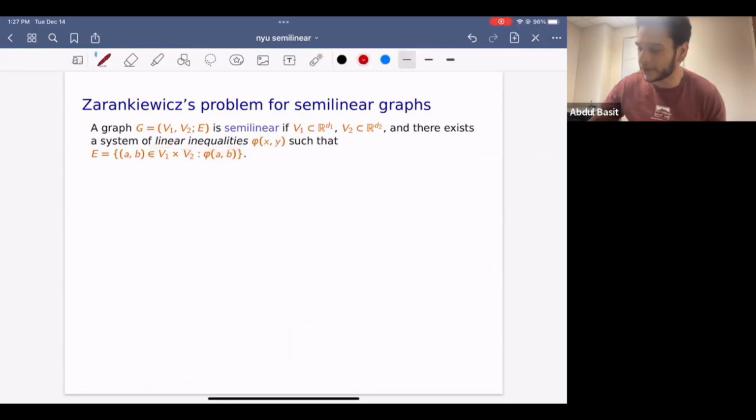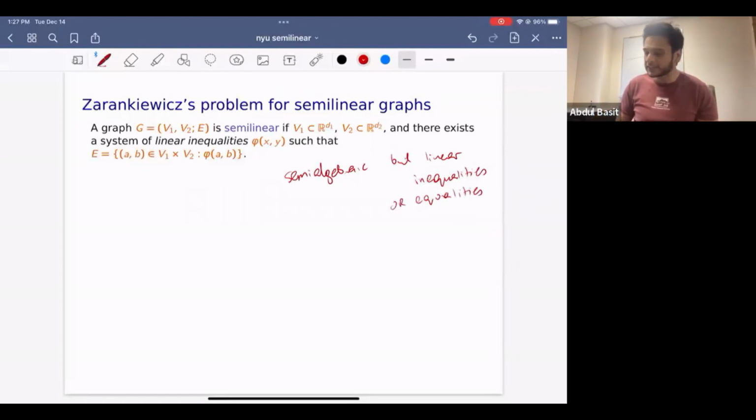So it's semi-algebraic, but with linear inequalities. In this case, that's what we call a semilinear graph: semi-algebraic, but everything is constrained to be linear.